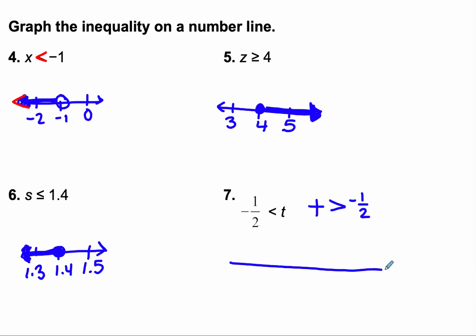You don't have to flip-flop it. I'm just showing you that strategy because a lot of people like to use it when they're graphing. Negative 1, negative 1/2, 0. All right, it cannot be equal to negative 1/2, so I'm going to have an open circle here. t is greater than means I'm shading to the right.